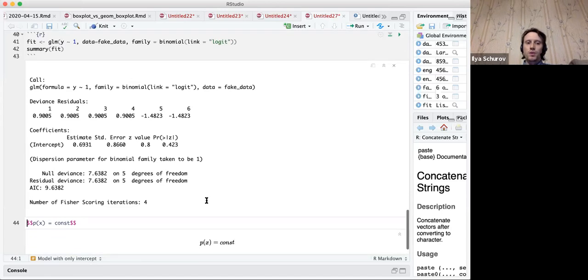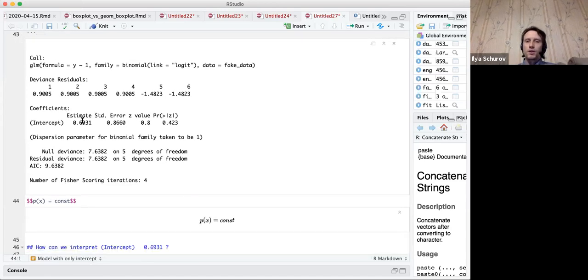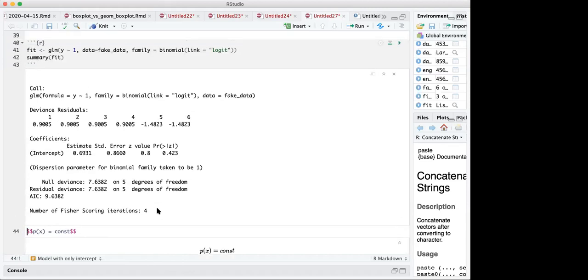Actually, was it possible to find this intercept without using R, just by some calculations? Or how can we interpret it? Any ideas?